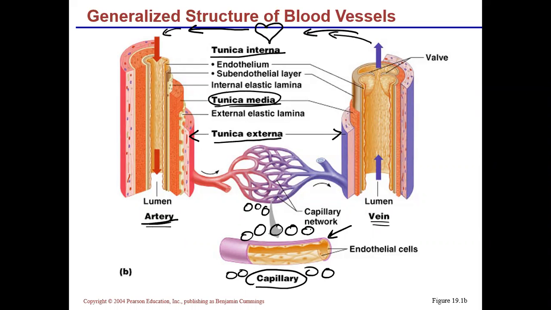The pressure is higher, and the arteries have to withstand these blood pressure fluctuations. The smooth muscles making up the tunica media are capable of dilation and constriction, again for the regulation of blood flow. So they'll have more smooth muscle.